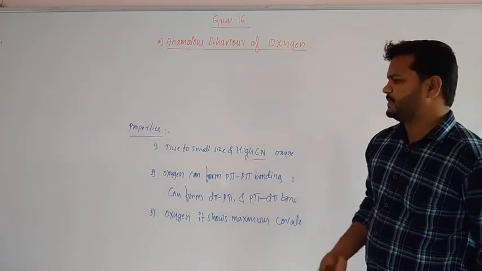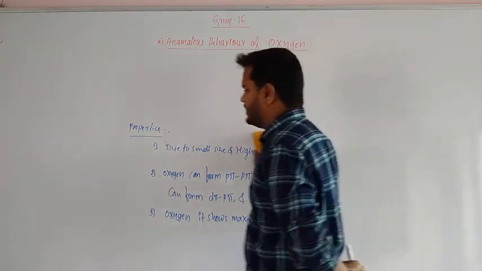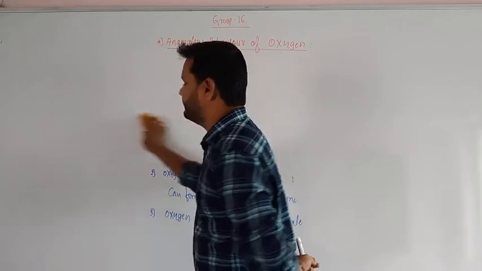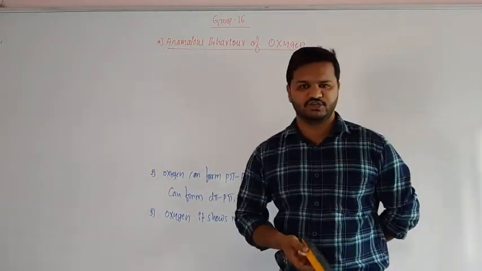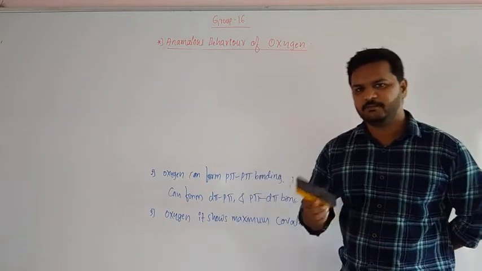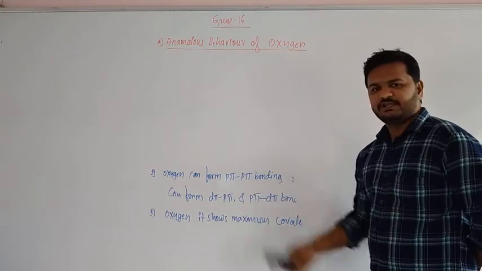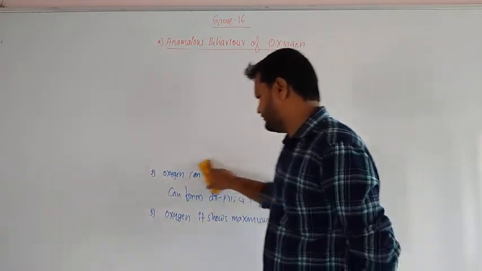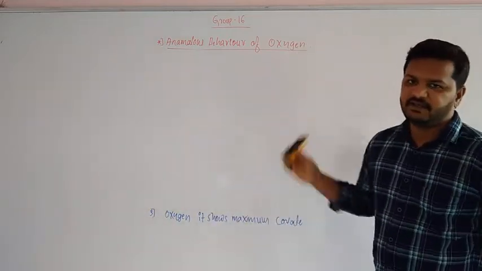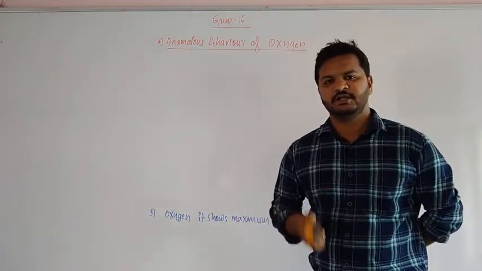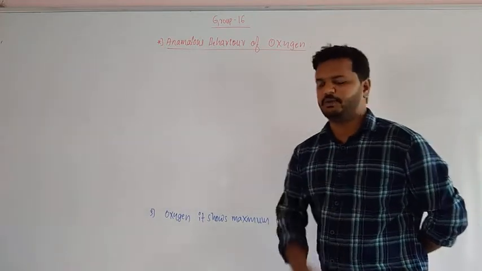In that, first, due to small size and high electronegativity, oxygen can form intermolecular hydrogen bonding. So due to intermolecular hydrogen bonding, oxygen can show abnormal melting point and boiling points. Second, oxygen can form p pi bonding, whereas other elements of group 16 do not show p pi bonding due to unavailability of d orbitals.